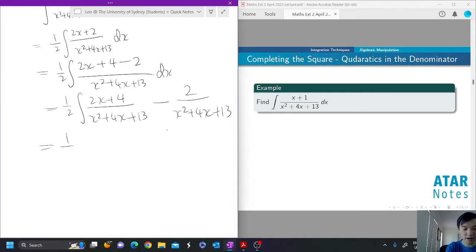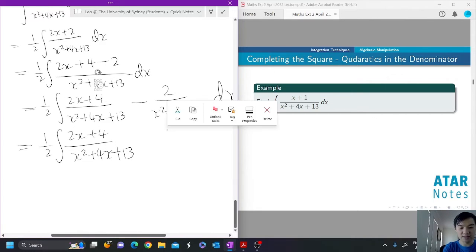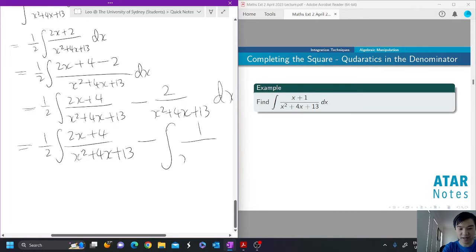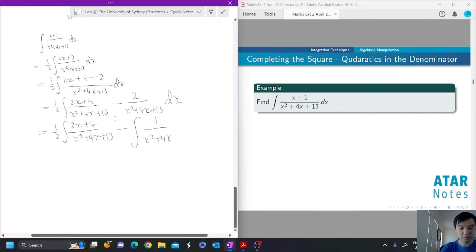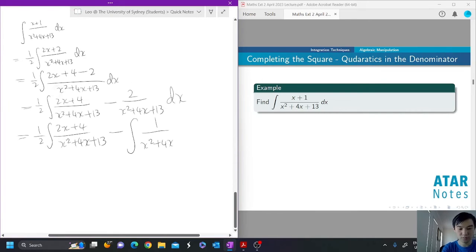So we got half the integral of (2x plus 4) over (x squared plus 4x plus 13), and here we can say this is minus the integral of 1 over (x squared plus 4x plus 13), because the half and the 2 cancel out. And don't forget your dx here.